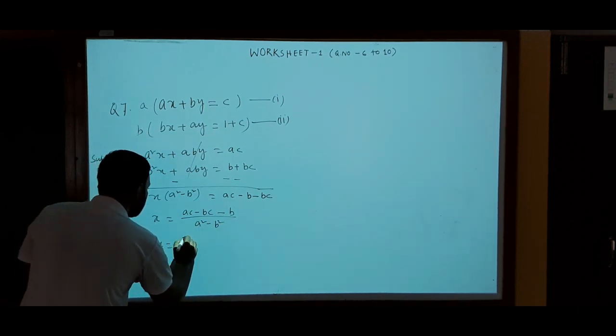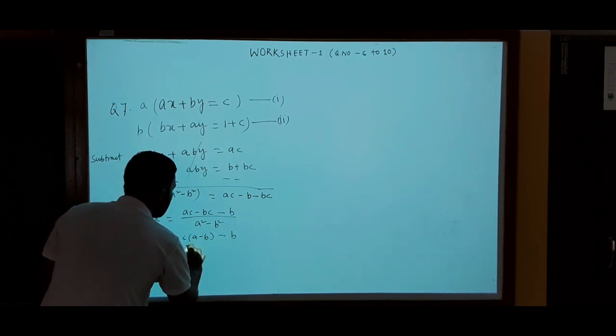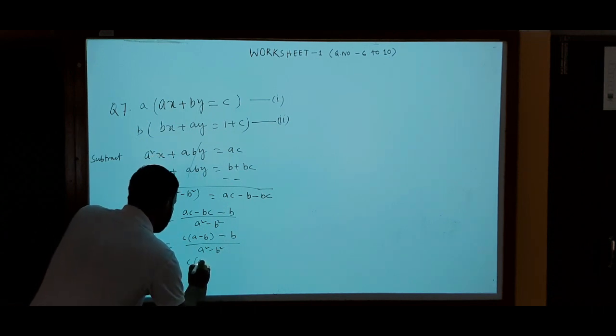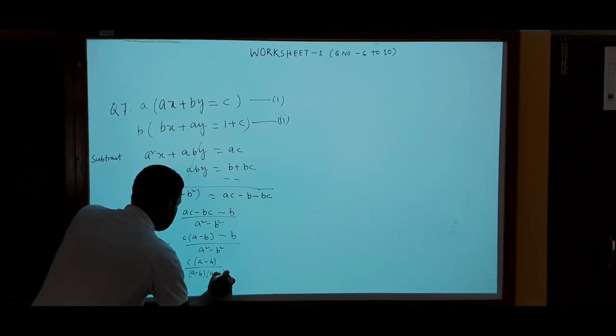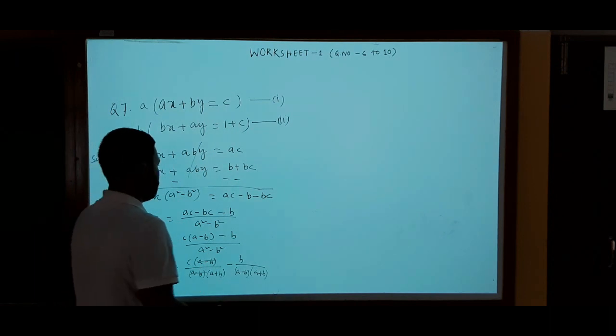So x equal to, if I take common here c, so a minus b and minus b upon a square minus b square. So c into a minus b upon a square minus b square, can I write a minus b into a plus b and minus b upon a minus b into a plus b. A minus b get cancelled.